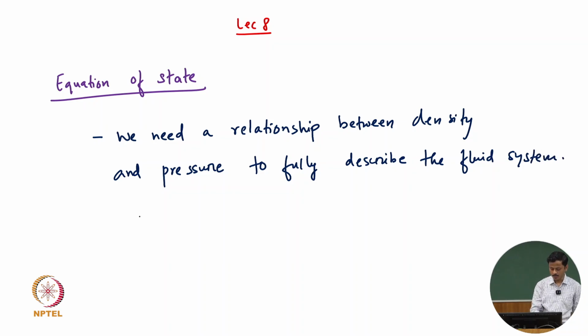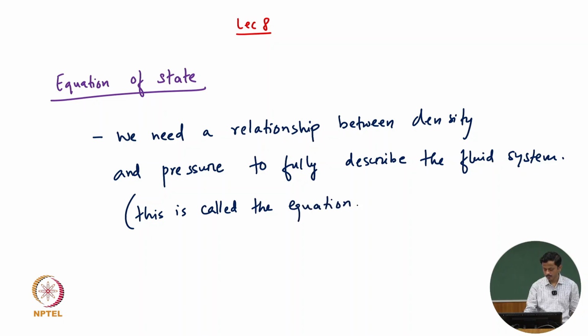This relationship between density and pressure is called the equation of state.